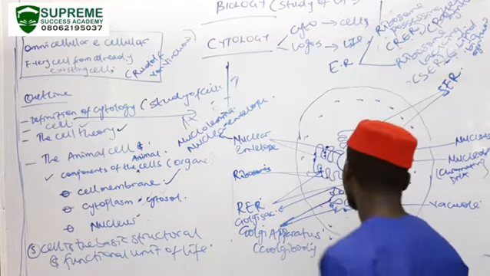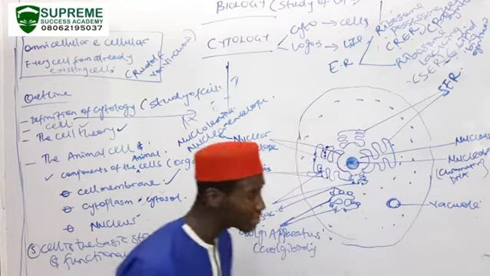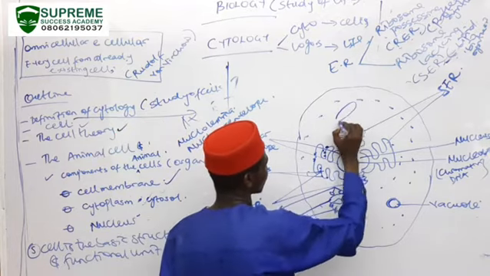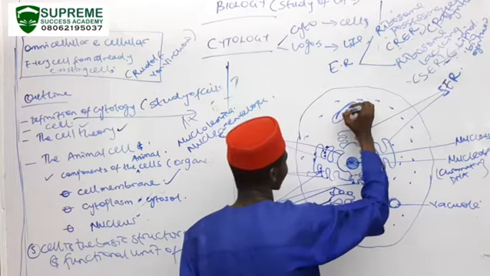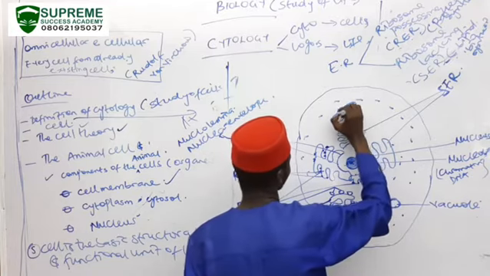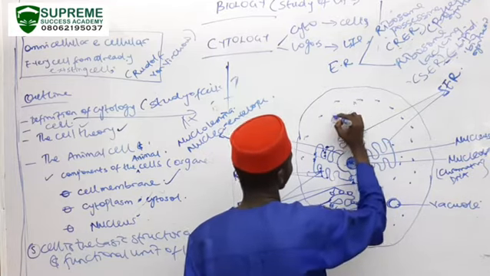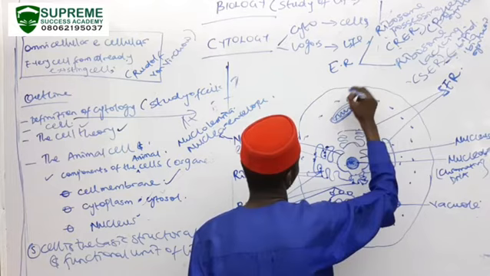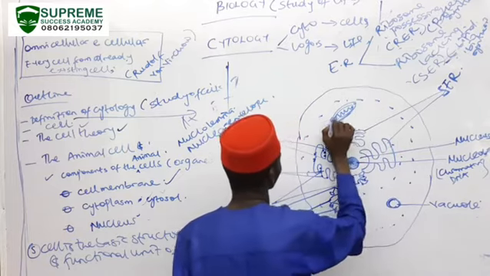Another primary structure that you will see, which is very important in the animal cell, is the mitochondria. It looks like a sausage. The sausage-like structure is a double membraned structure, and it has an internal portion here.